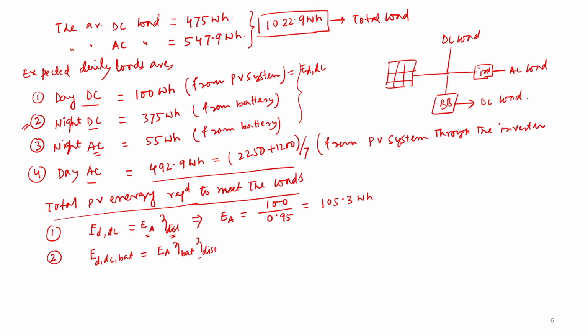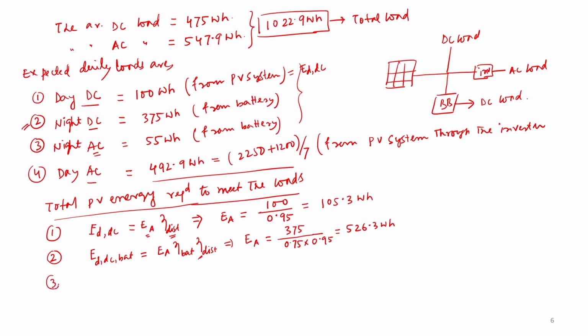That is how this has to be accounted. From here you can calculate E A for the second load, used at night, where DC comes from battery. This is 375 divided by battery efficiency 0.75 multiplied by distribution 0.95, which will be 526.3 watt hour.